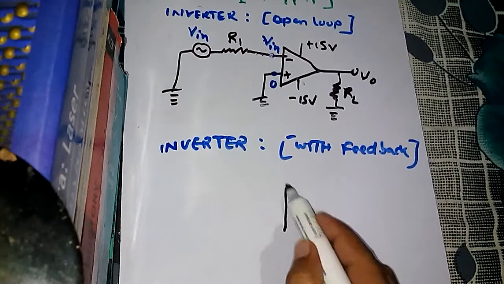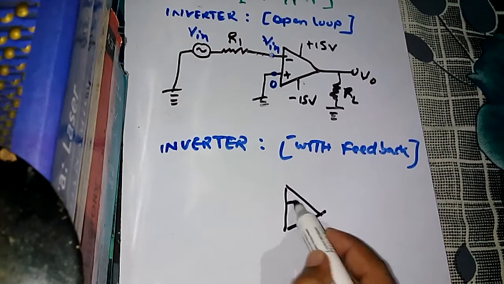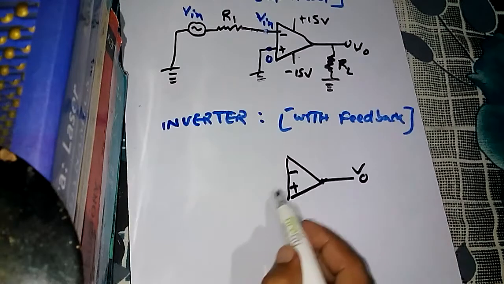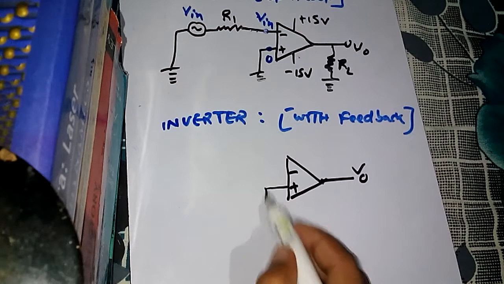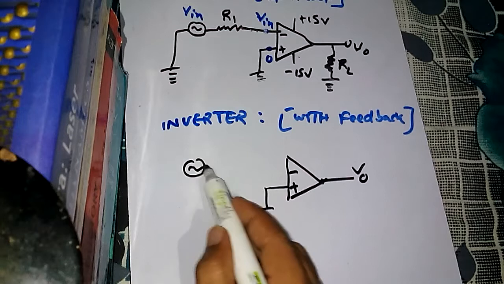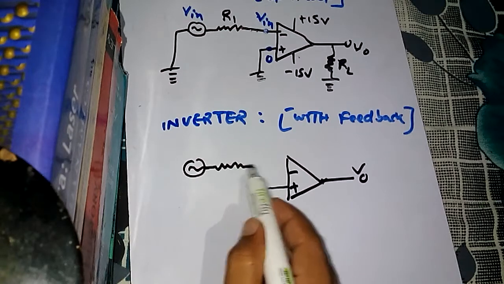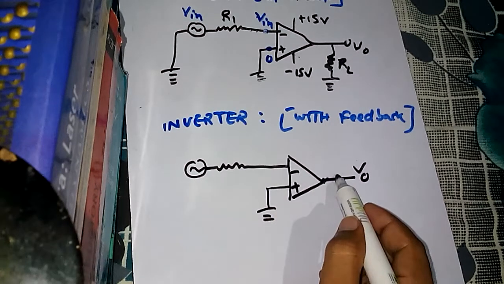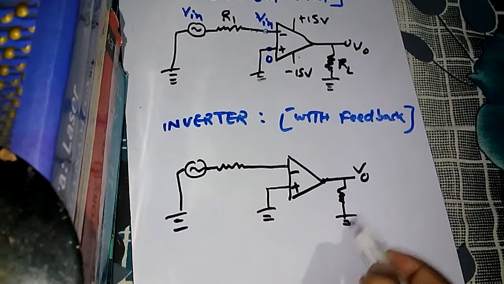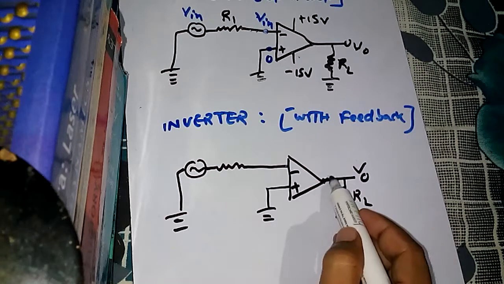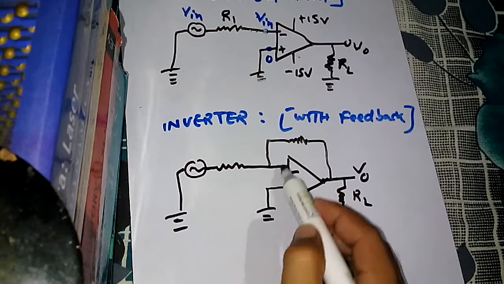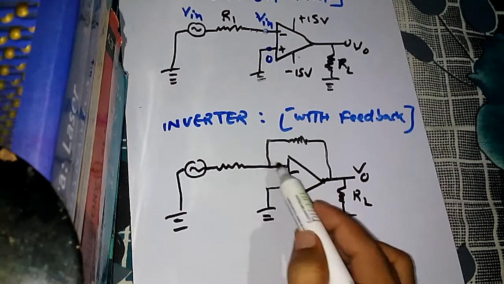Here we have the amplifier, negative, positive, V output, and positive is again grounded and negative is similar to the previous one, a resistance, and it goes there. But now what we do is give a feedback through a resistor to the negative input terminal, and that is why it's called negative feedback.